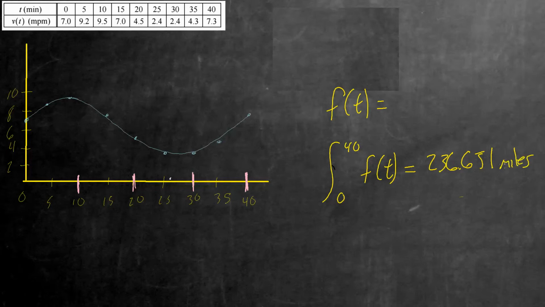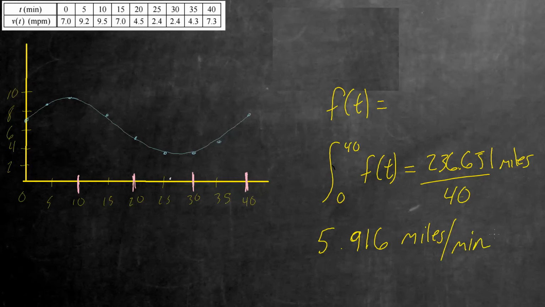And if I want my average velocity, I would just divide by 40 minutes. So my average velocity should be 5.916 miles per minute.